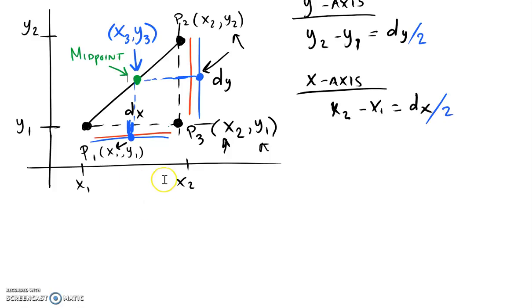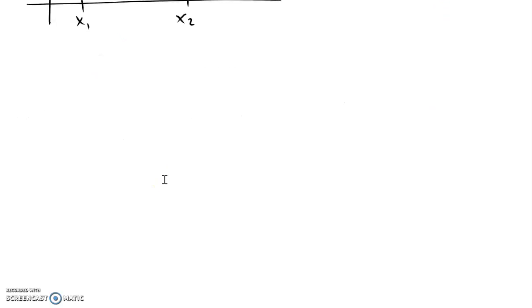So let's try this example with some numbers, okay? That way it'll stick in there a little bit better. Let's see. So if we have, let's call this P1, and we're going to give it some arbitrary values.